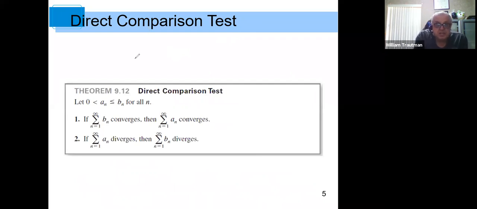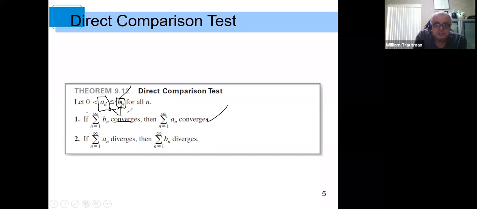And so this is what we're looking for here. If B sub n converges and it's larger than the other series, you see B sub n is greater than A sub n. If B sub n converges, and it has to be larger, then A sub n converges.